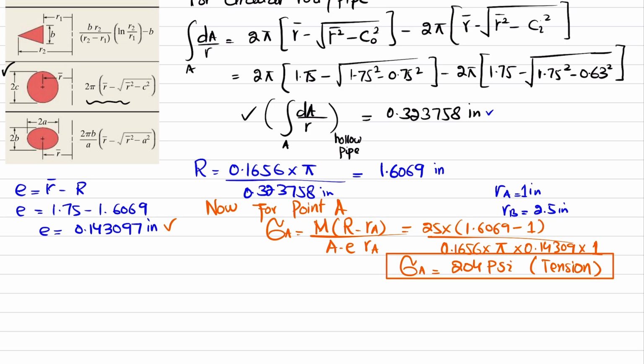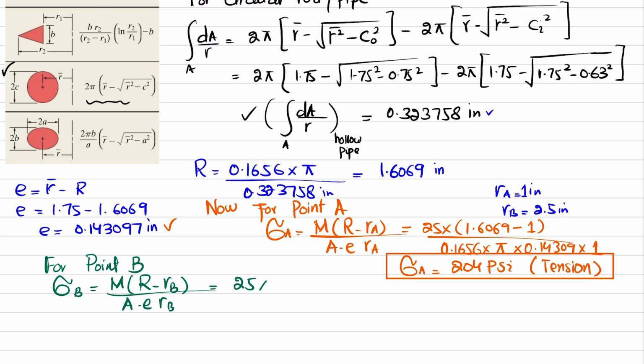Now what we will do is that we will find the maximum stress for point B. So for point B, stress at point B will be equal to capital M into R minus small rb divided by A into E into RB. So plug in the formula, plug in the value.